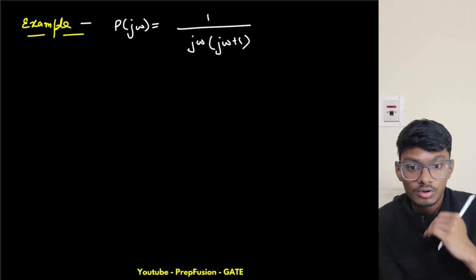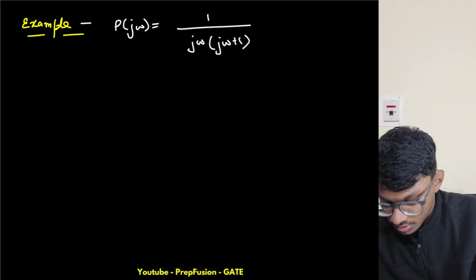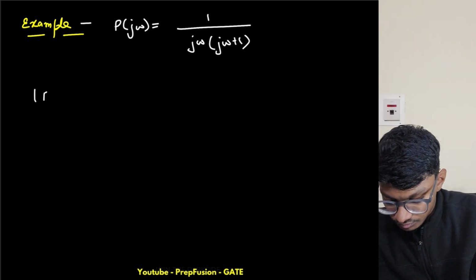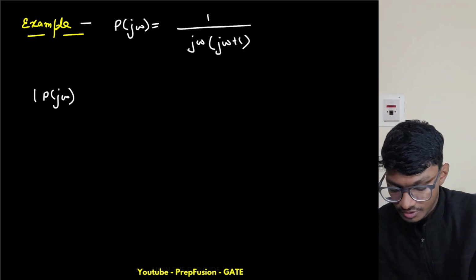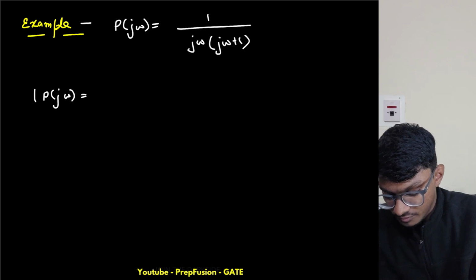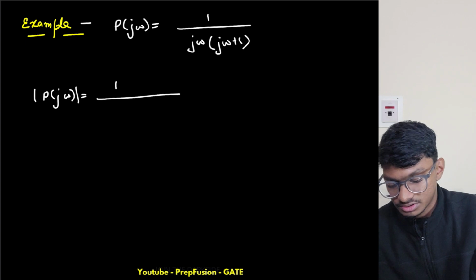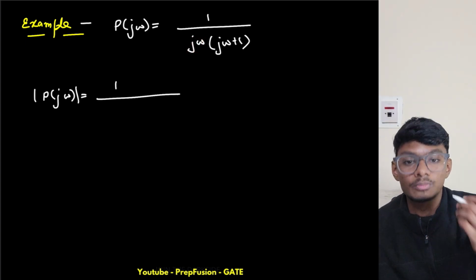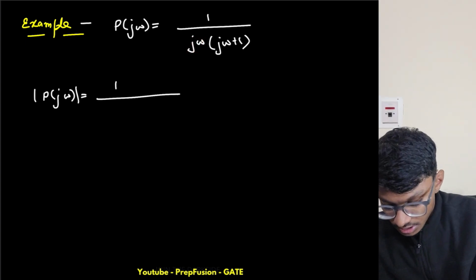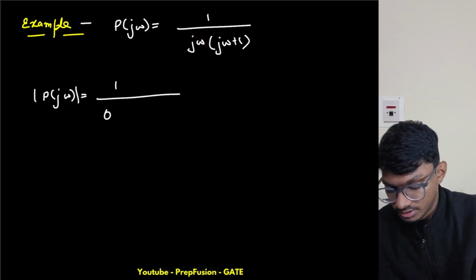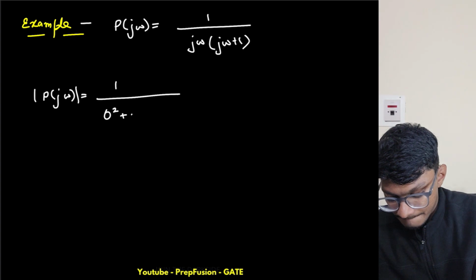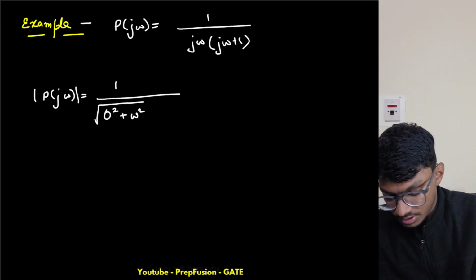Now what do I need to do for finding the magnitude? For P of j omega, what is the magnitude? Generally what we used to do is directly write this omega here, but what is the procedure? You have to do 0 square, since the real part of this one is 0, plus omega square, then we take the square root.